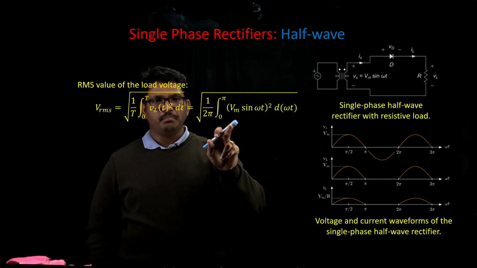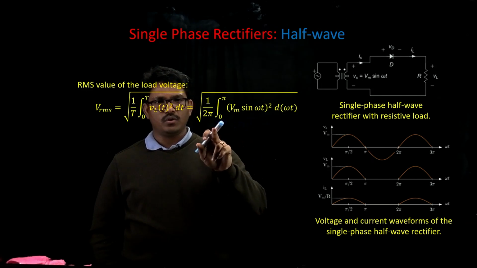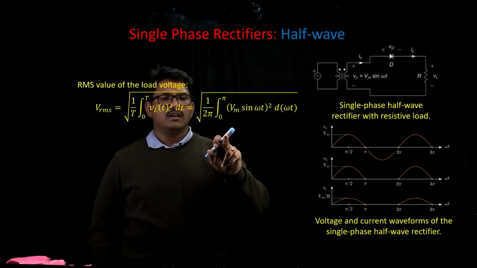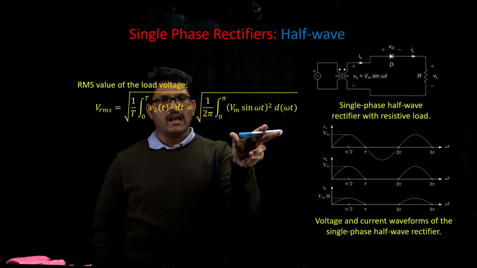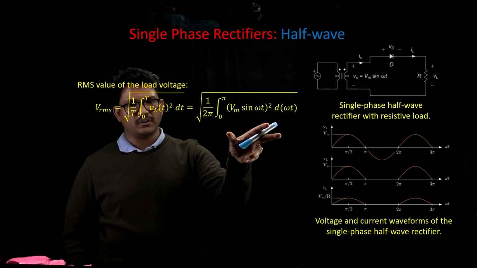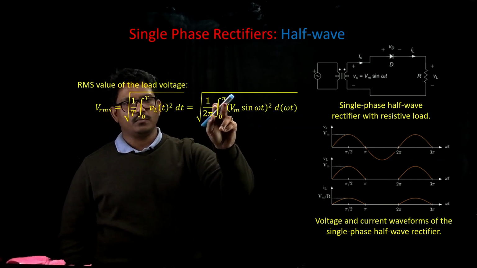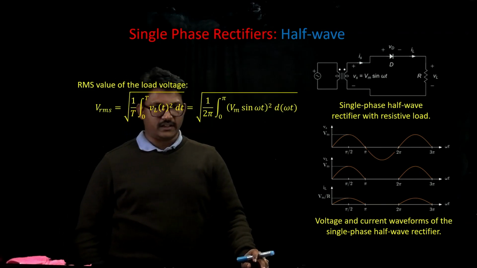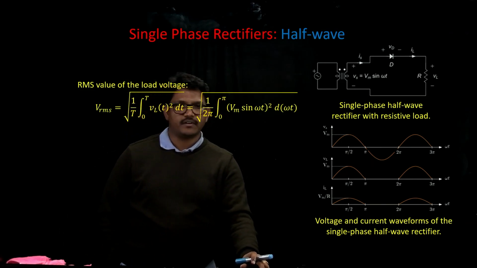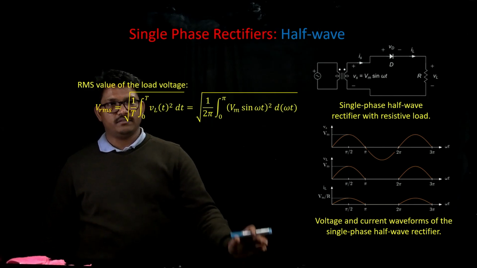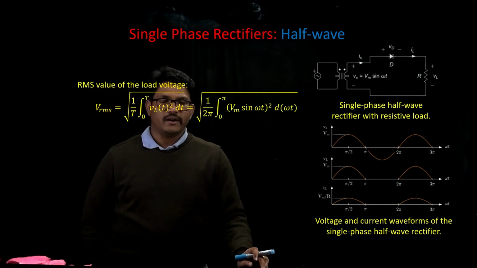For mean square, the mean is an integral, and the voltage exists only from 0 to pi, so we find the mean square only from 0 to pi, with the square of the voltage there. So the only difference from the average here is the square root, and that we have the square of the voltage in our integral.